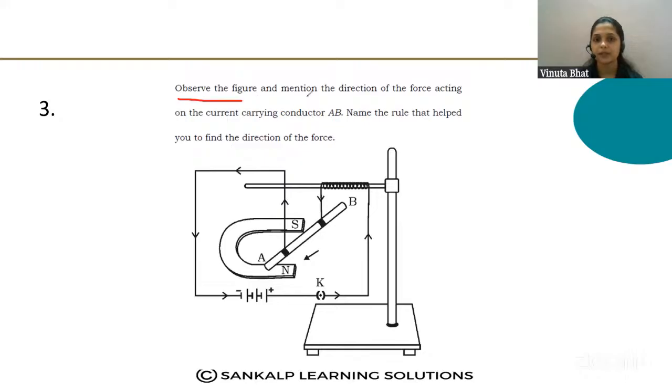Observe the figure and mention the direction of the force acting on the current carrying conductor AB. Name the rule that helps you find the direction of the force. Just observe this setup. There is a horseshoe magnet with south and north poles, and the current carrying conductor is kept between these two poles.